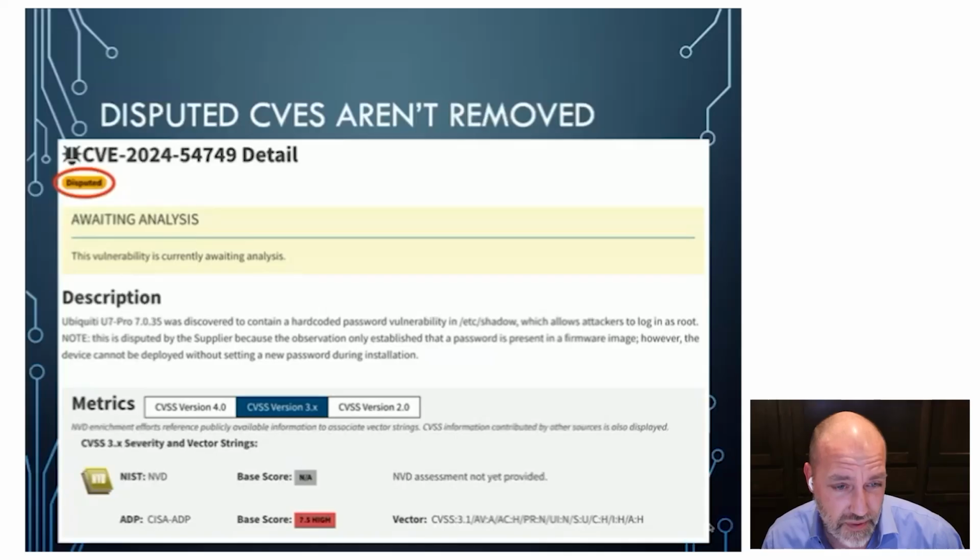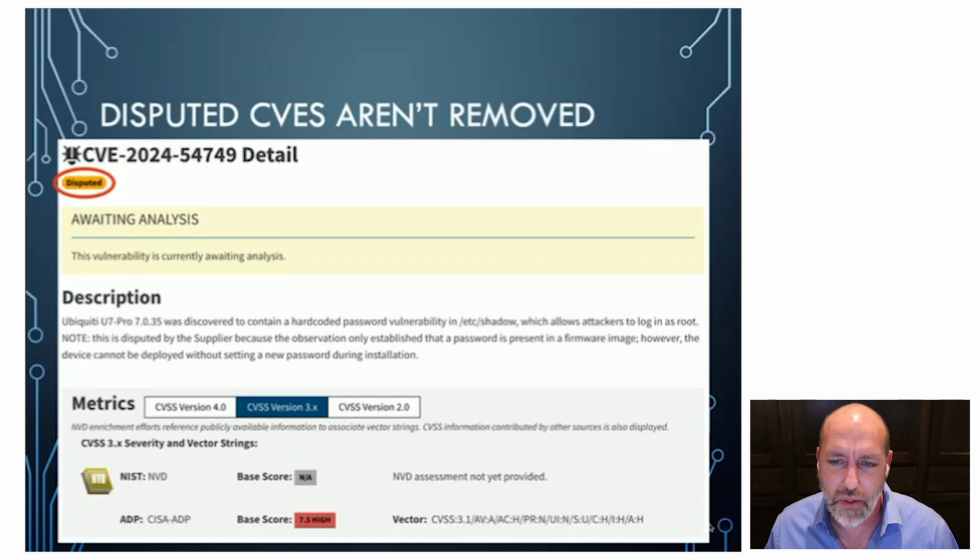So there's a couple of ways that things can be that you should probably stop looking at them. One of them is a CVSS 0, I would assume, despite the fact that we saw one example where maybe you really shouldn't. Another one is this disputed flag. So unless you really know what you're doing and you really dug in, this disputed flag is really kind of hard to find. This particular vulnerability is in a Ubiquiti UDM Pro where it has a default password.